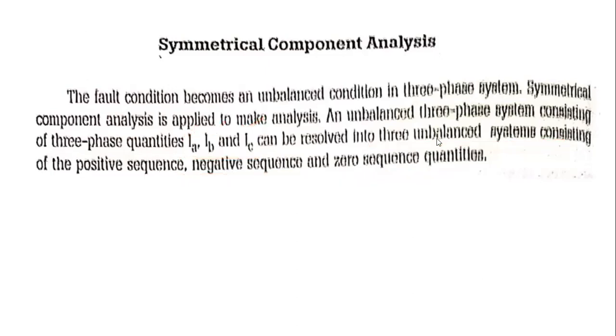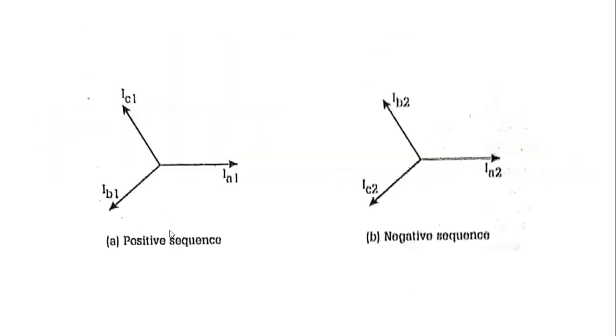Next, coming to the positive sequence. This is the positive sequence, denoted as IA1, IB1, and IC1. Therefore IA1, IB1, and IC1 are displaced at an angle of 120 degrees to each other.